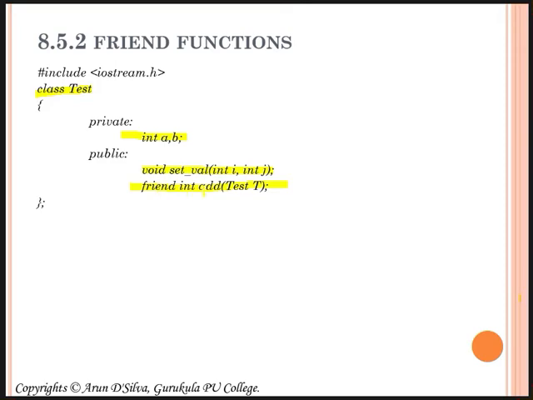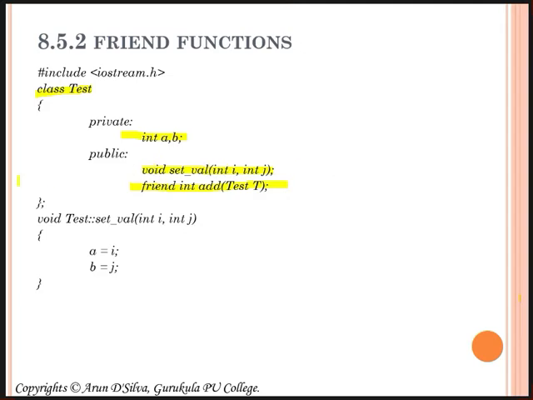This is friend int add. Now int add is a normal function. We are using the friend keyword to make this function a friend of the test class. I'm using test t here because, as I told you, it cannot access directly. It can access the data through objects. So I've used test t in the declaration part.